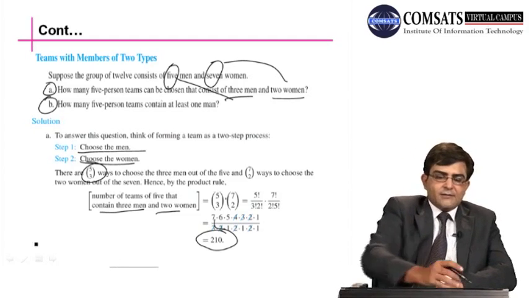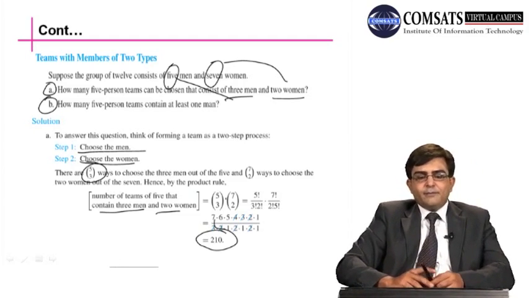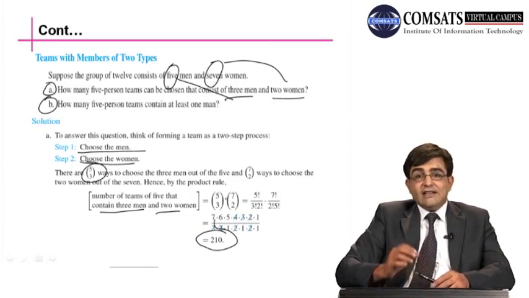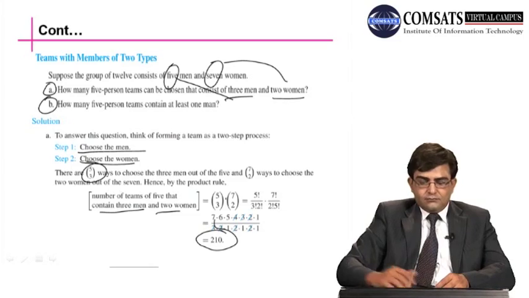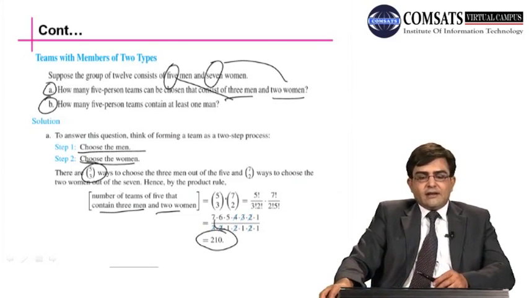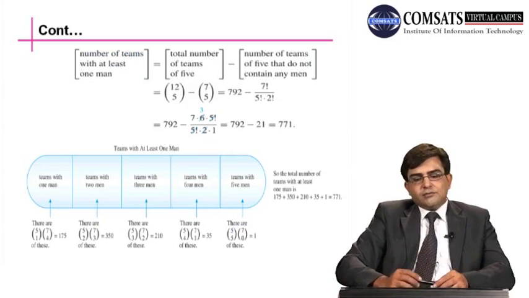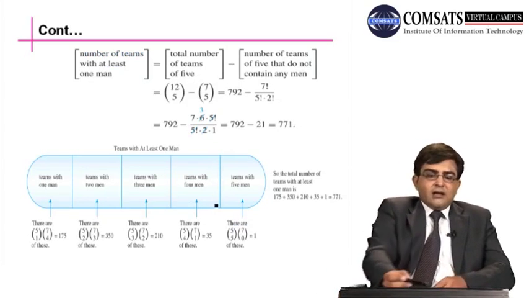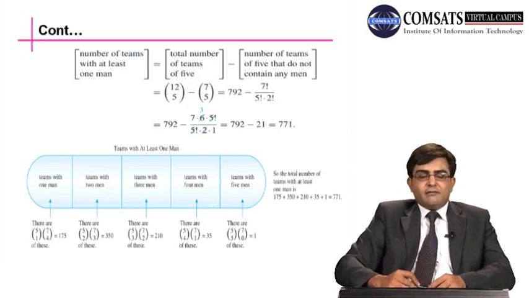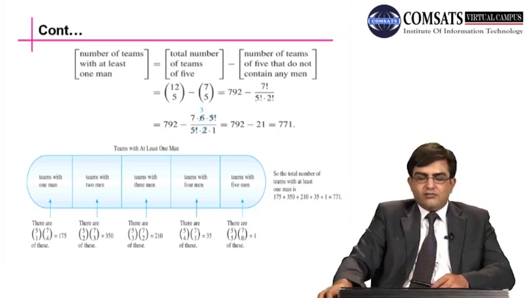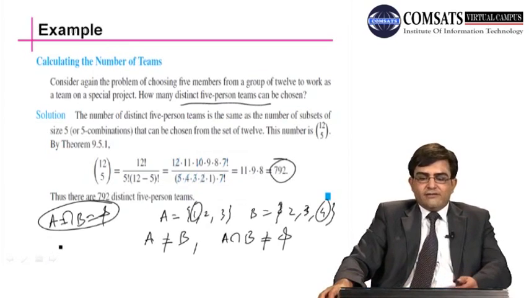Now in the second part, how many 5-person teams contain at least 1 man? At least 1 man. How can we tackle this problem? This is basically the number of teams with at least 1 man. It is the total number of teams of 5, which we calculated here, 12C5, 792.